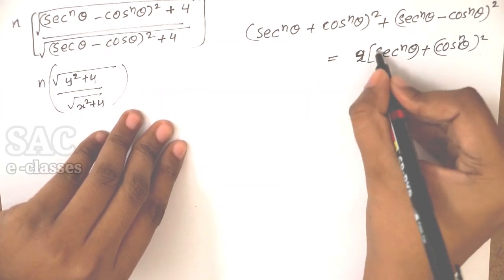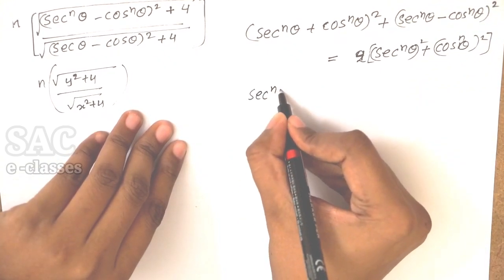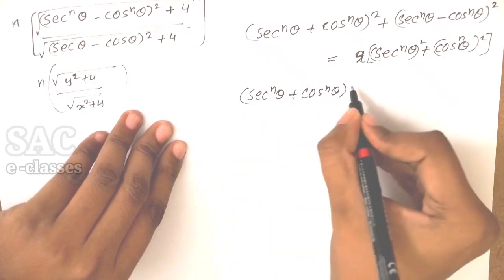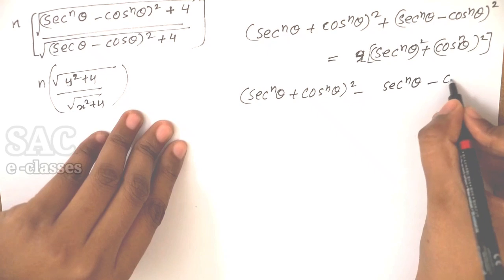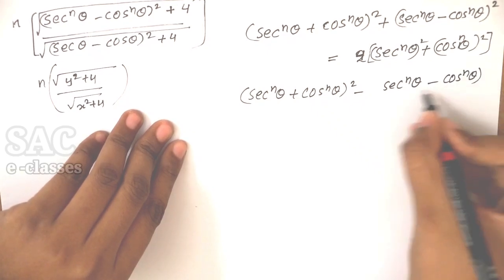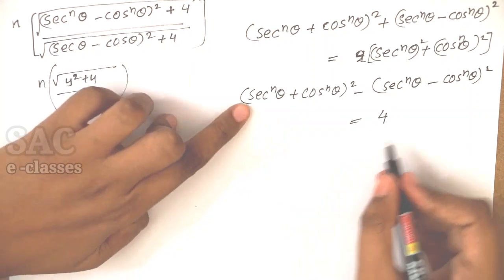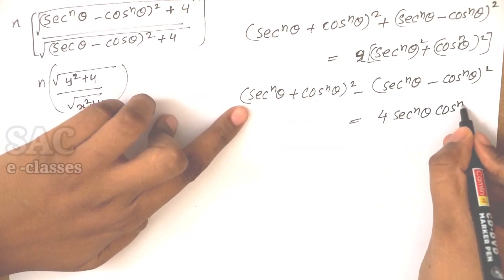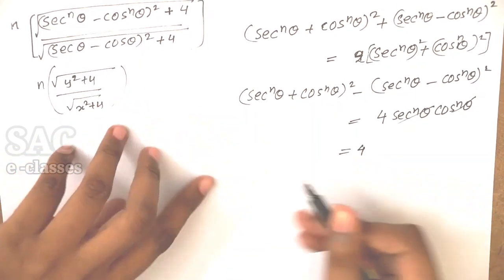This is the one way. That is, a plus b whole square minus a minus b whole square equal to 4ab, where a means secant power n theta, b means cos power n theta. You know secant and cos are reciprocal to each other, so the product is 1.